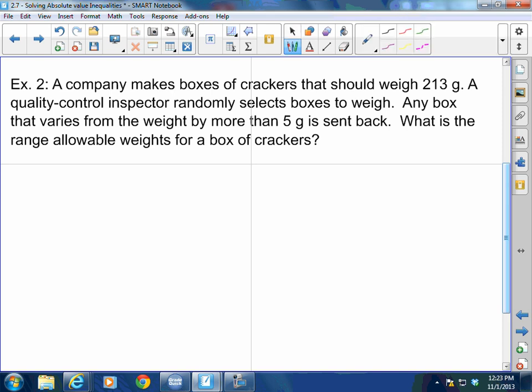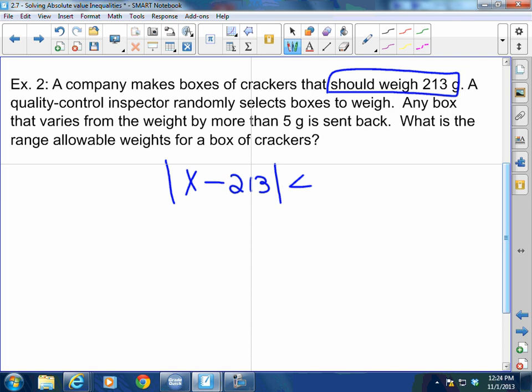Well, I have my x minus my desired. What is my desired here, guys? It should weigh 213. Any box that varies from the weight by more than 5 is sent back. So what is it going to be here? It can't be greater than.